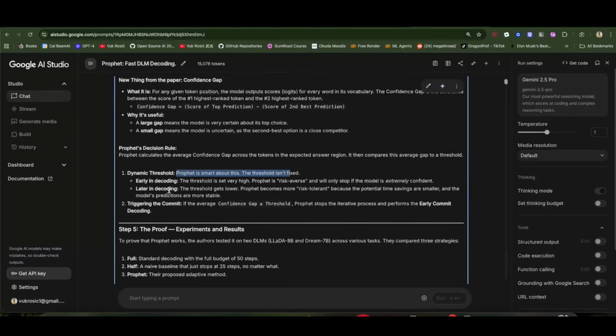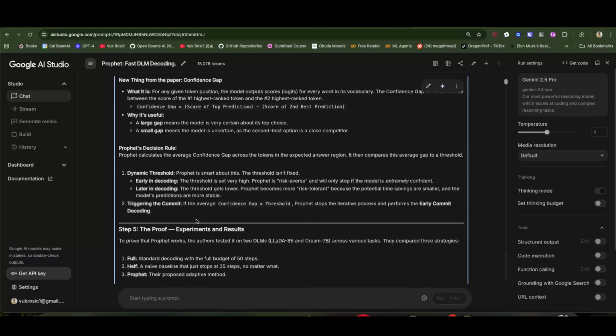The threshold isn't fixed. Early in decoding, the threshold is set very high. ProFET is risk averse and will only stop if the model is extremely confident. Later in decoding, the threshold gets lower. ProFET becomes more risk tolerant because the potential time savings are smaller and the model's predictions are more stable.